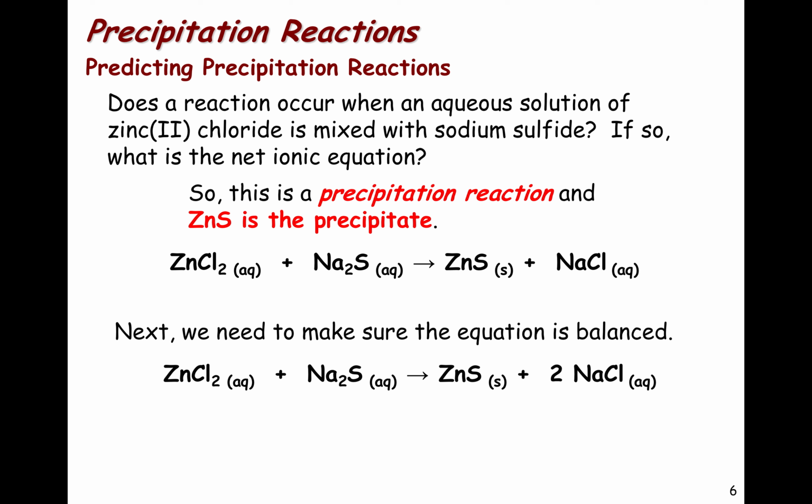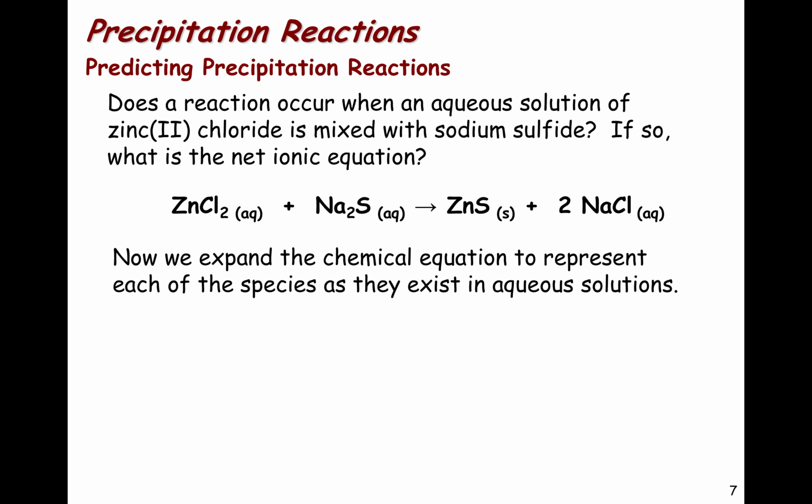To do this, we can start out by recognizing that we have 2 sodiums on the left side. To put a 2 in front of the sodium chloride balances the sodiums, but it also then balances the chloride. So that is a fairly simple way to go about balancing this reaction. This is then the so-called molecular equation.